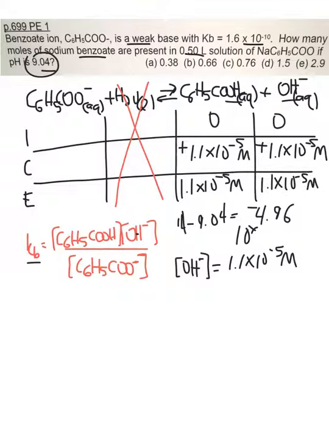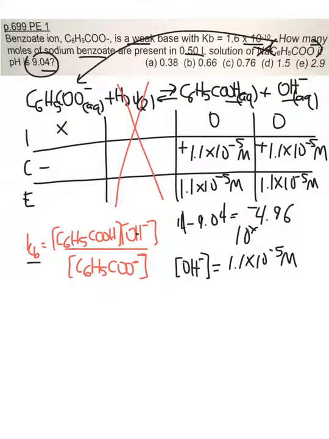Now, remember, initially we don't know how much sodium benzoate we started with. Because the sodium benzoate ion, remember, the Na here is just a spectator, so really we're trying to determine, they give us the amount of liters, we need to determine the concentration of it at equilibrium. From there we can determine how many moles because we have the amount of liters.